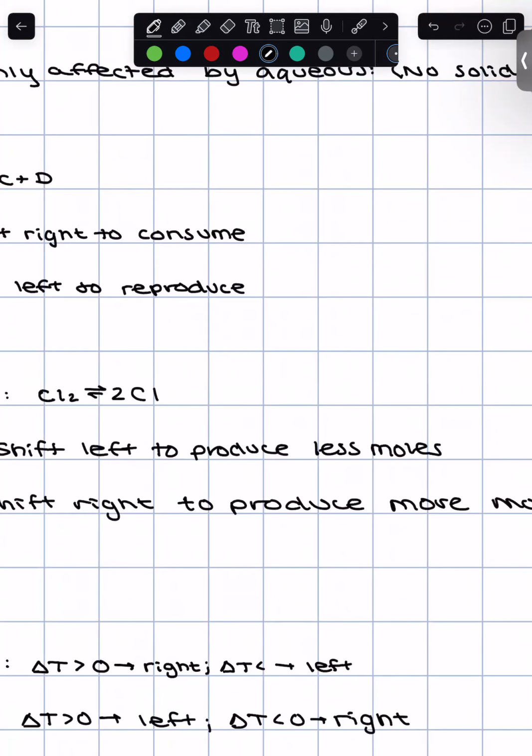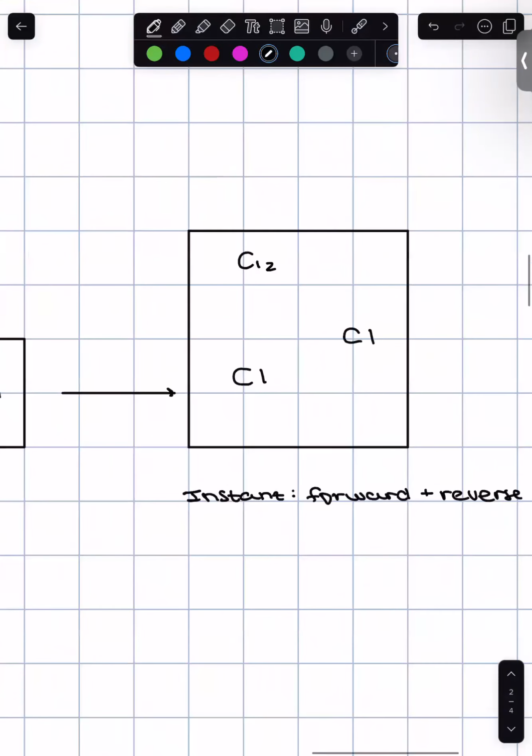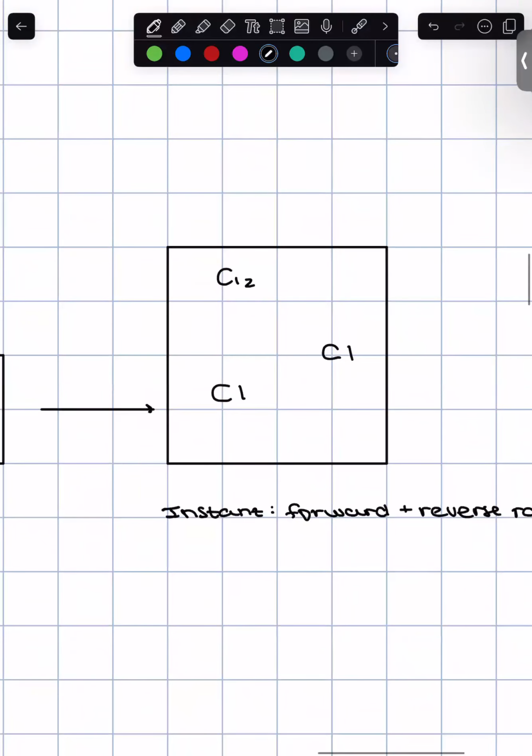And this only requires one molecule for the reaction to happen, so it's really not needed for it to combine with other molecules. But with this one, 2 chloride molecules need to come together to produce dichloride. And so that's just the conceptual aspect of it.